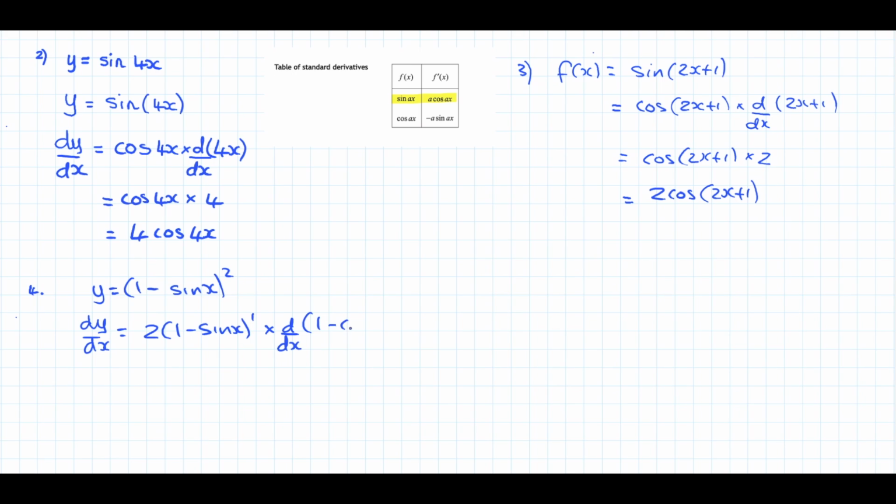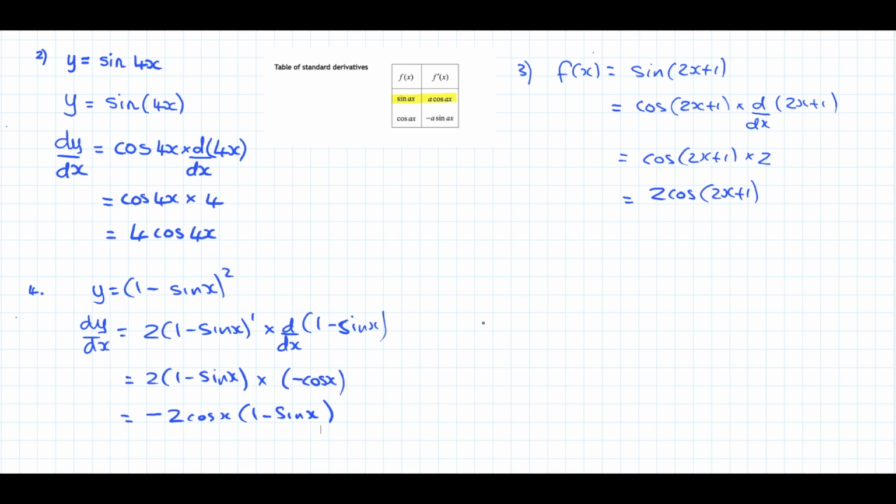Now inside the bracket we have 1 minus sine x, so that is equal to 2 times 1 minus sine x times differentiate what's inside the bracket, differentiate 1 and we get 0, differentiate sine x and we get cos x, so that's minus cos x. So that is equal to minus 2 cos x times 1 minus sine x.